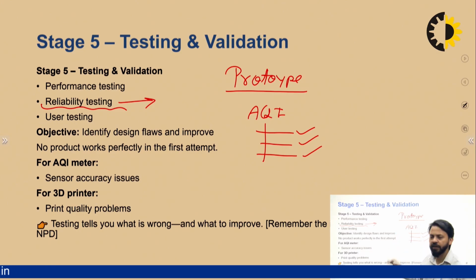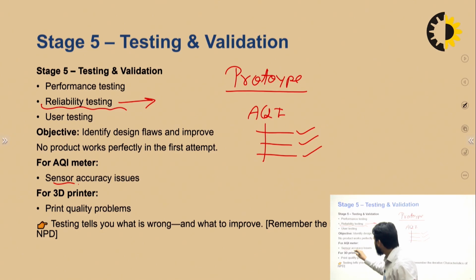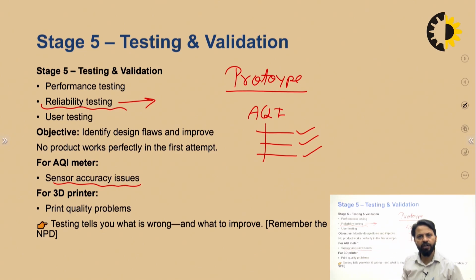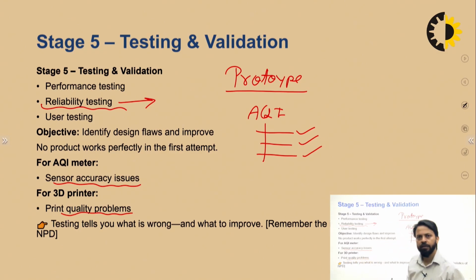This testing phase is very important, and as you have seen in software development also, any bugs in the program or the application should be detected in the testing phase. For the AQI meter, the sensor's accuracy: is it accurately measuring the PM particles or not? Print quality: is the 3D printer prototype able to actually print or not?